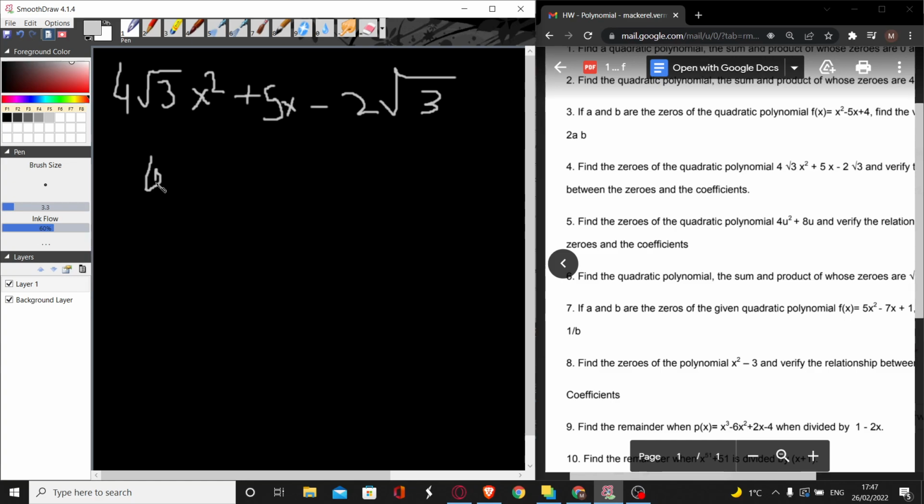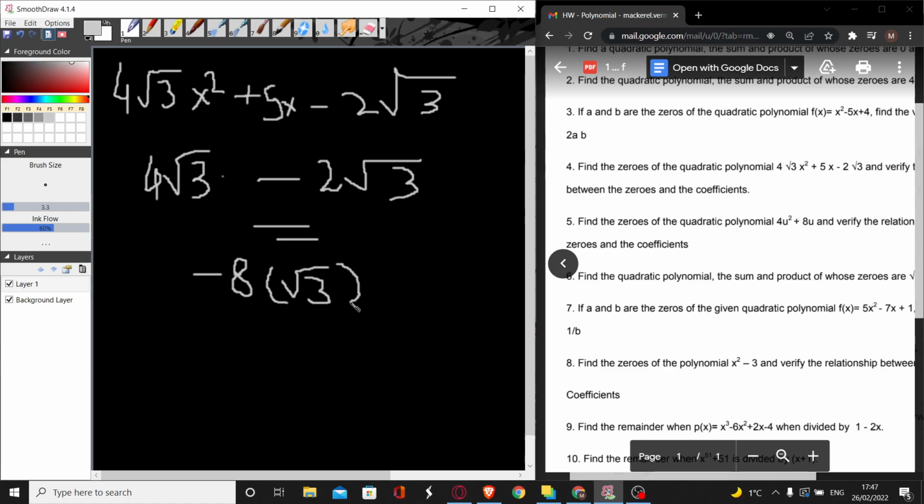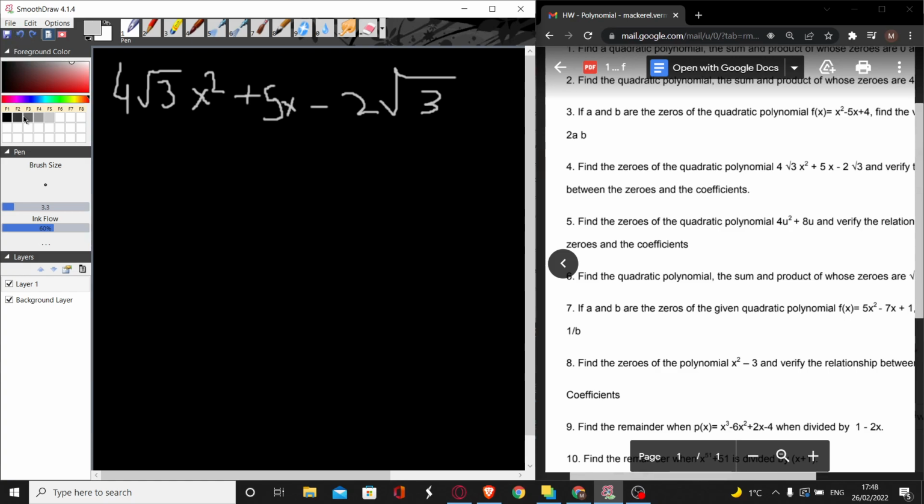So we do 4 times root 3 times minus 2 root 3, and so we multiply the common parts with each other, so we get minus 8 times square root of 3 the whole square, which is just equal to minus 8 times 3, which is minus 24.